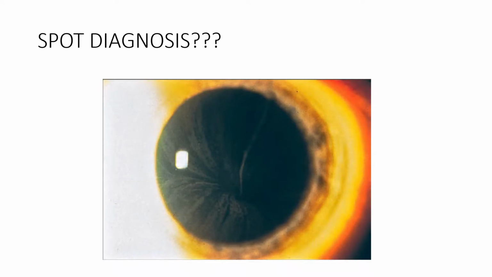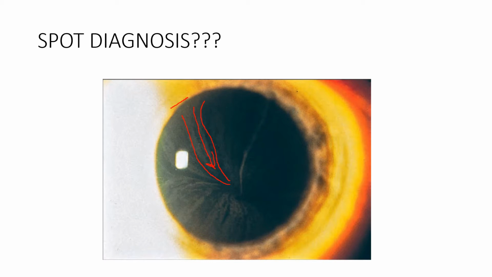Now, if you have seen my previous video, you will be able to identify what this picture is. But if you haven't seen it, just go back and see it. What you can appreciate in this picture is this whorl-like pattern, as if something is being deposited from the periphery and moving towards the center, this centripetal movement.